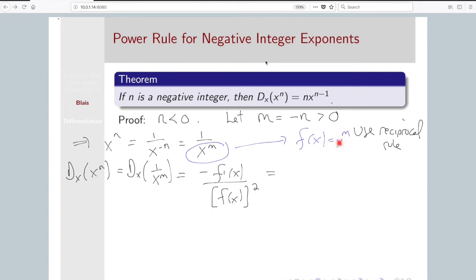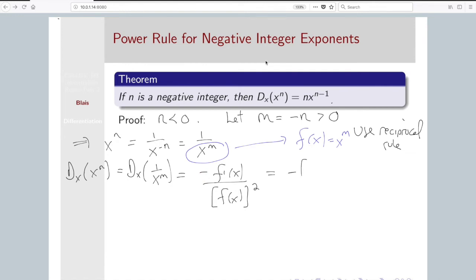x to the m is positive, so this is like x to the fifth or x to the eighth. We can take its derivative just using the power rule for positive integer exponents, which we already know. And so don't forget we have this minus sign.